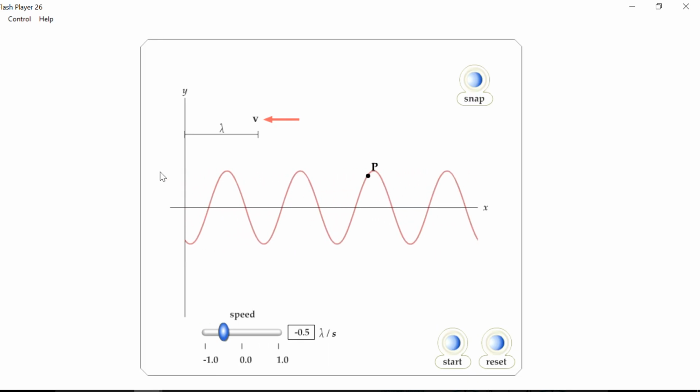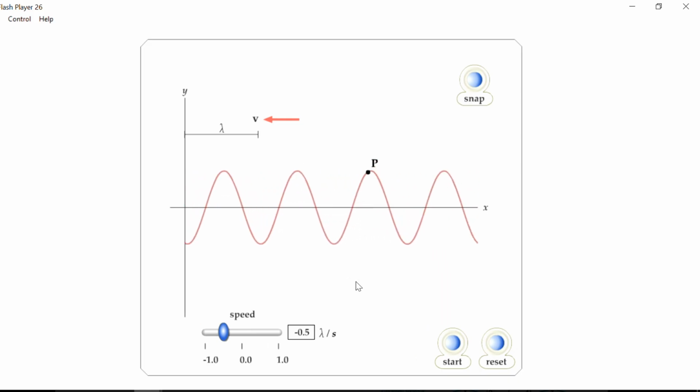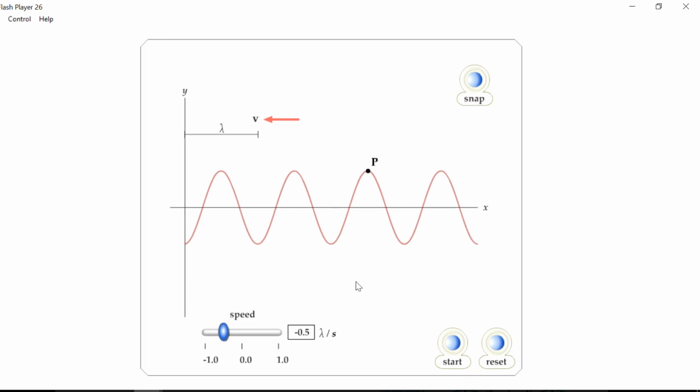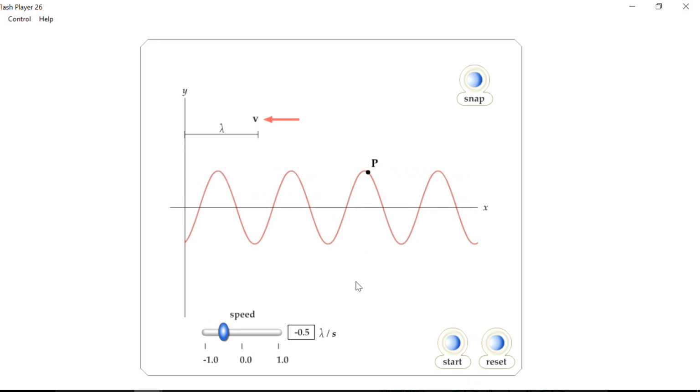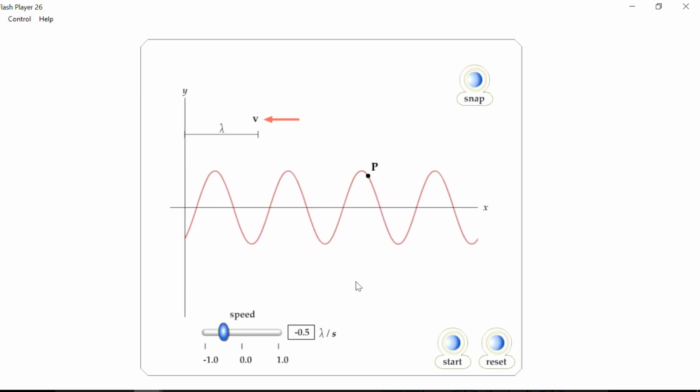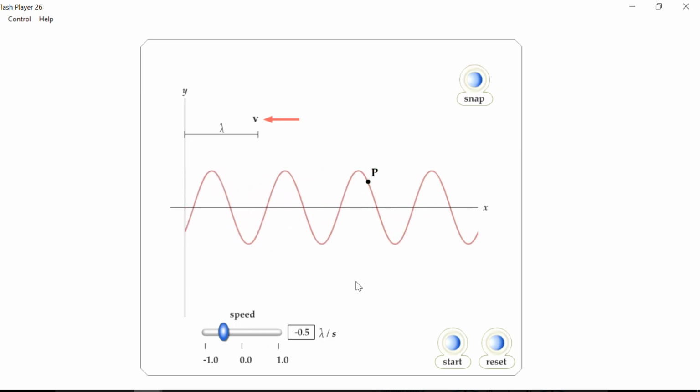Another example, it might make more sense to you, is to imagine a big football stadium. Typically, during the break, the audience will make the wave across the stadium, right? The wave generated by the audience will actually move across the entire stadium.